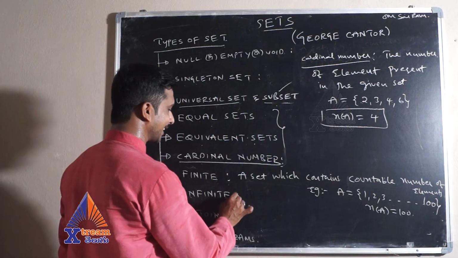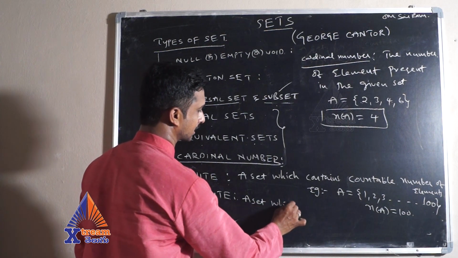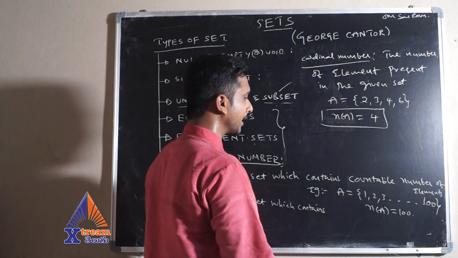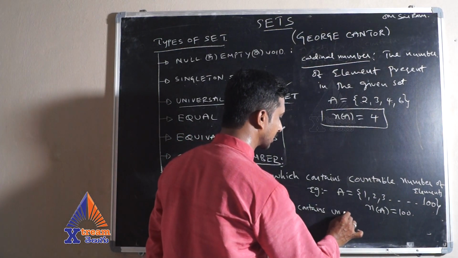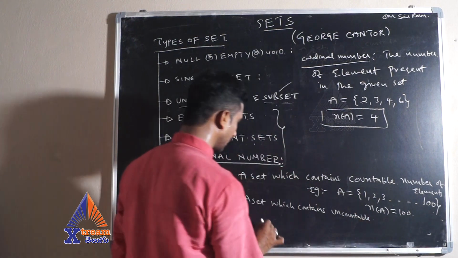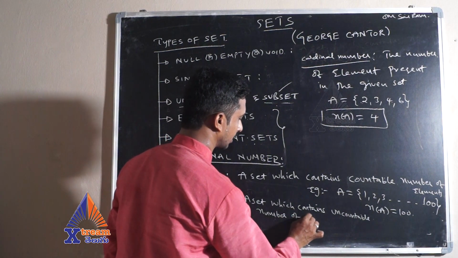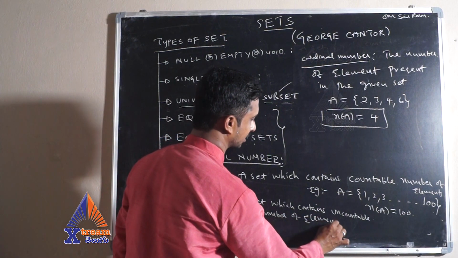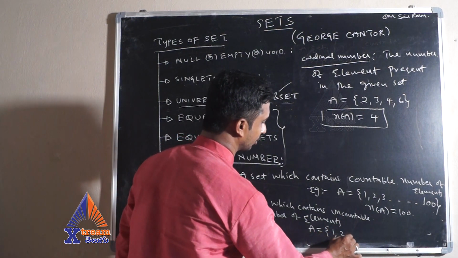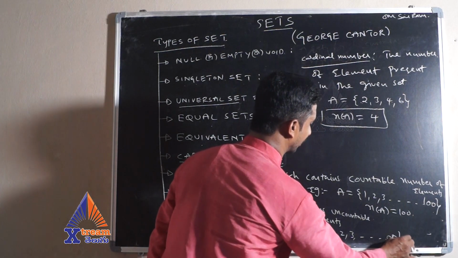Next, infinite set. A set which contains uncountable number of elements. So example, the same example, 1, 2, 3, and so on to infinity.